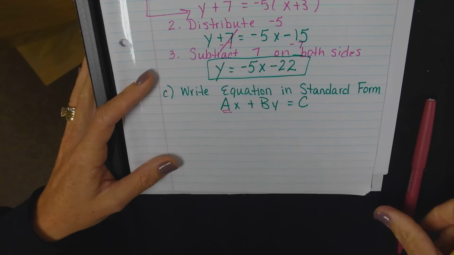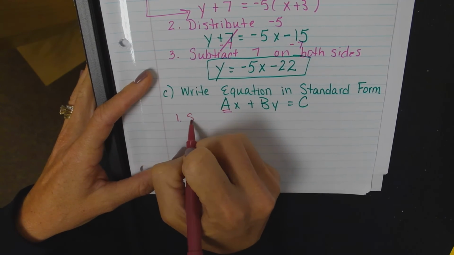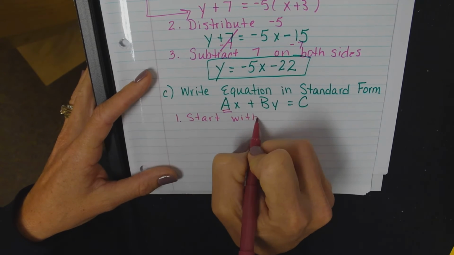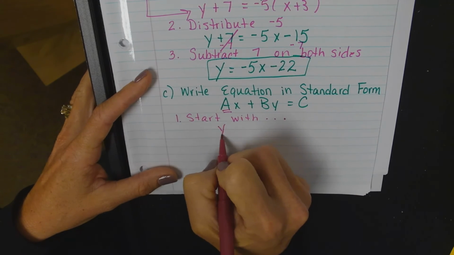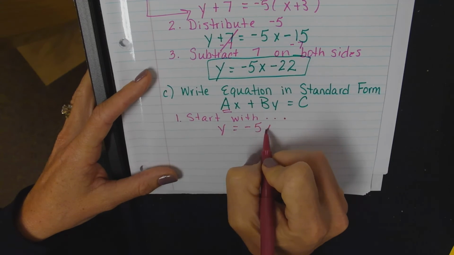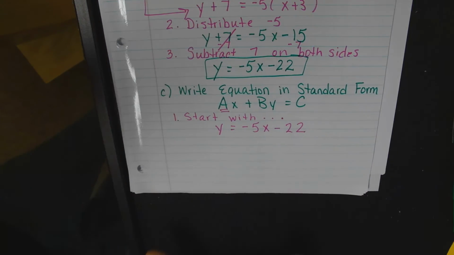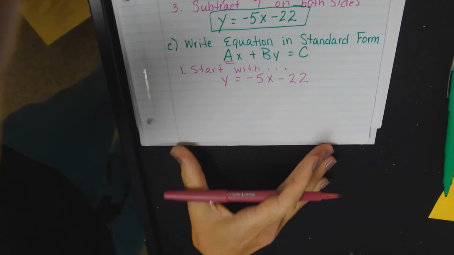Step 1, actually, this is another one-stepper. Start with y equals negative 5x minus 22. I'm going to give you a second to write that down.